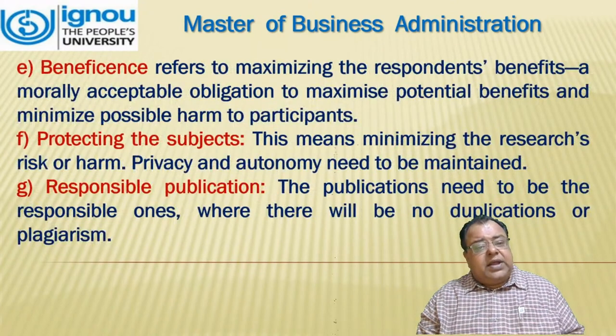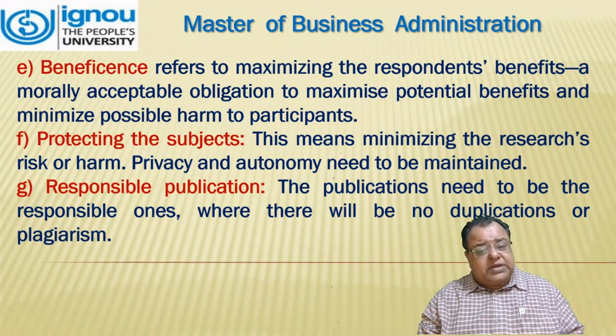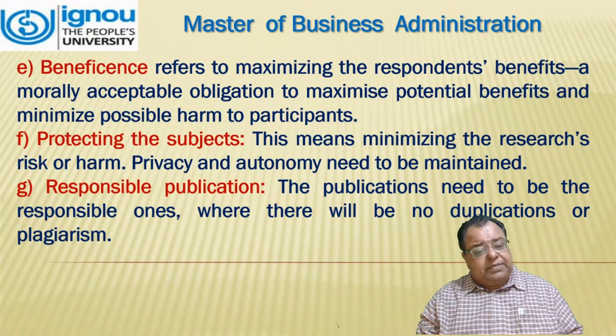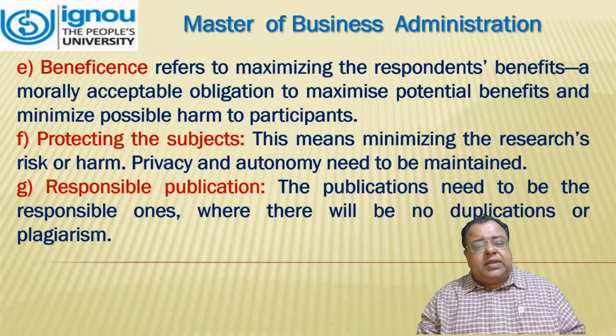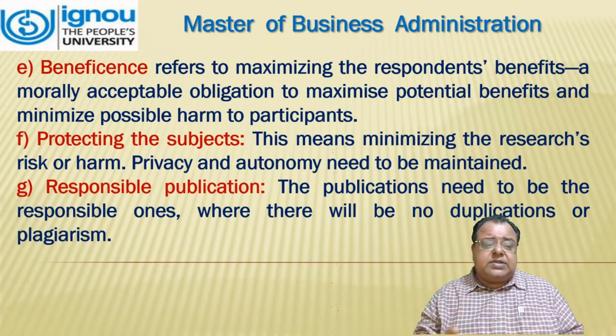Beneficence refers to maximizing the respondent's benefits, a morally acceptable obligation to maximize potential benefits and minimize possible harm to participants. Next one is protecting the subject. This means minimizing the research risk or harm.